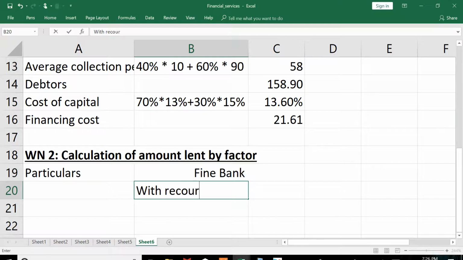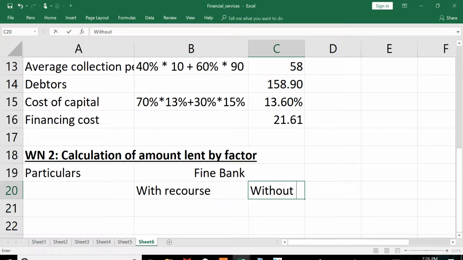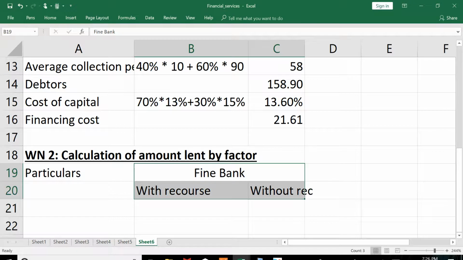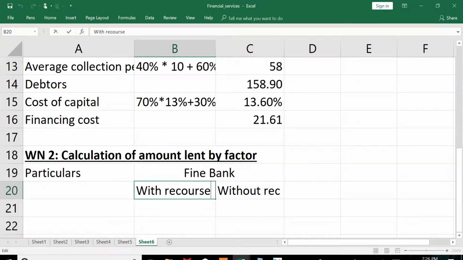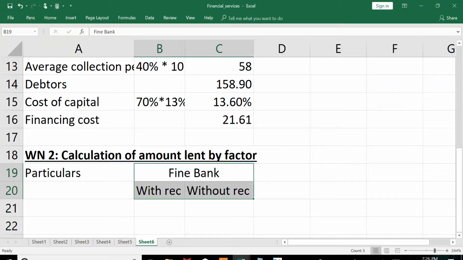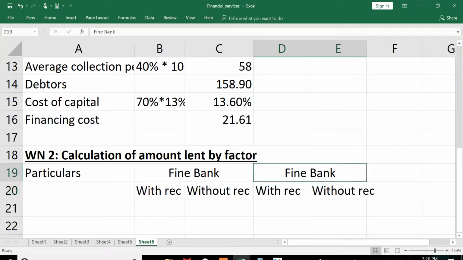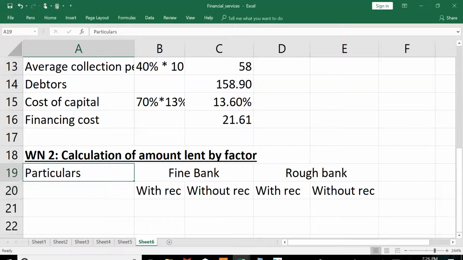With recourse, without recourse, rough bank with recourse, without recourse.